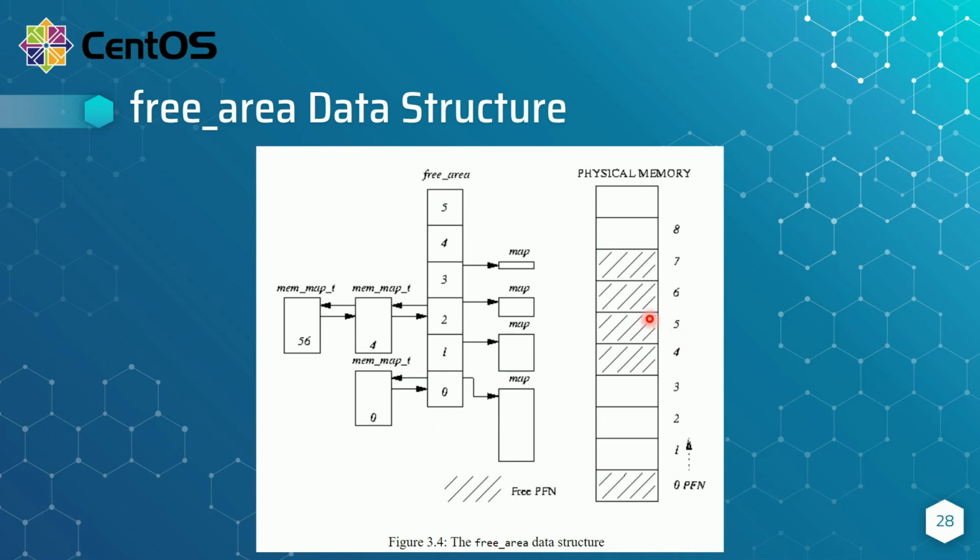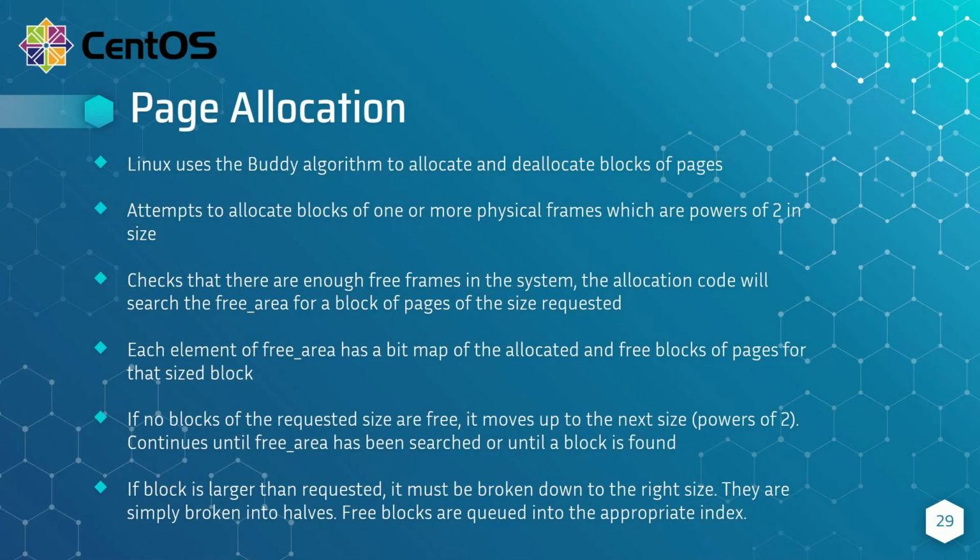So if we requested a block size of 2 and this block size is 4 at index 2, then we can break this free block down into 2 and 2. This would prevent internal fragmentation, which means we can reuse this block of 2. This new free block of 2 would be inserted into index 1, since index 1 is what tracks blocks of 2. So free blocks will be queued into the appropriate index.